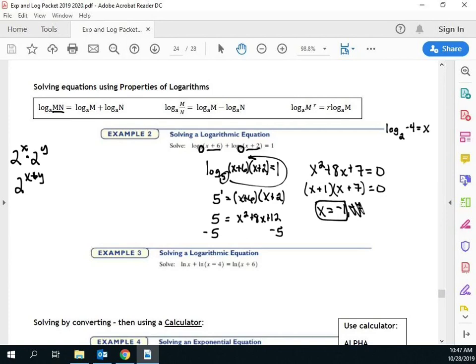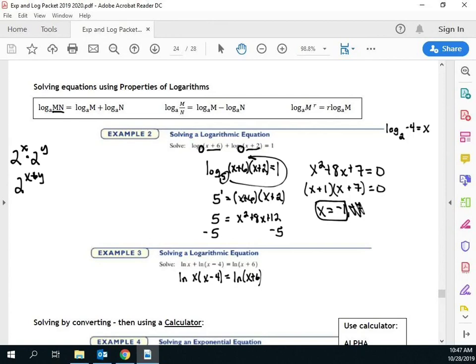So natural log of x minus 4 equals natural log of x plus 6. All right, so the first thing is we're going to try to get it where it's one natural log on both sides. So what you have to do is combine the two together. So natural log combines with the other natural log.